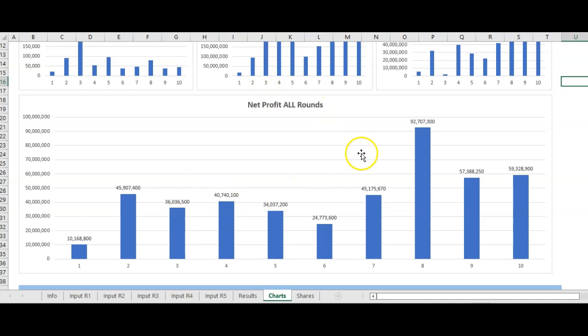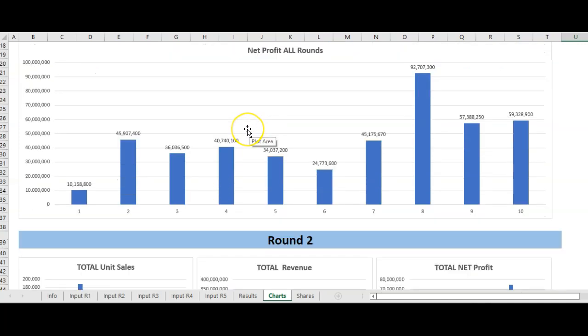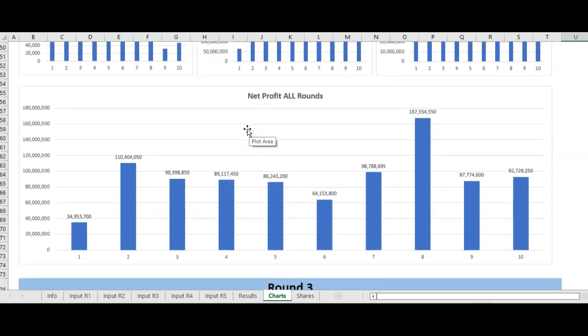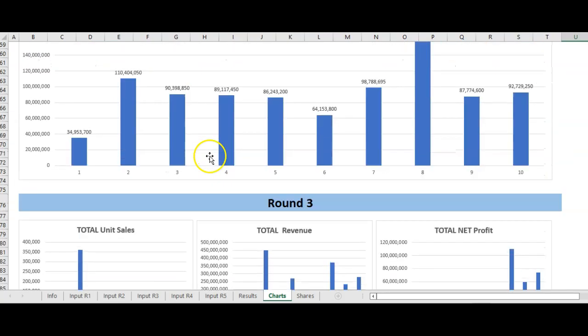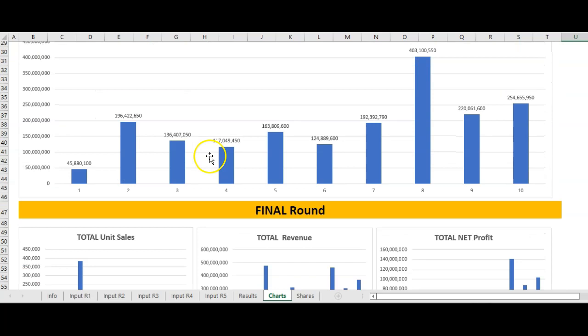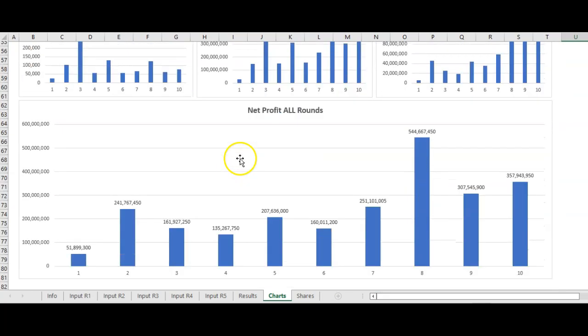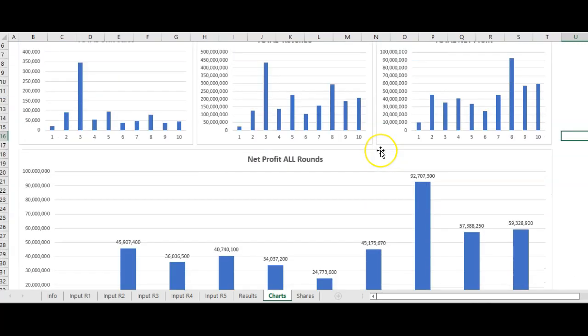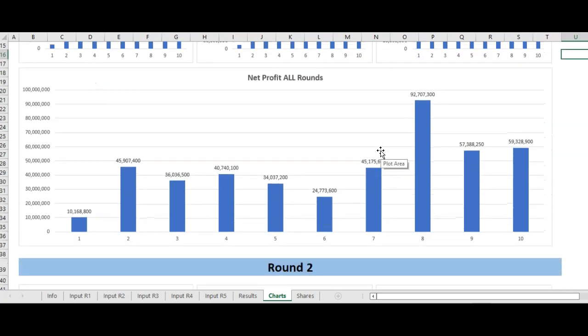And this is the key metric. This is how they're all travelling. I've just got some pretend data, and each round updates. So if I go all the way to the bottom, I've got the final round, and then we've got our final winner there by a long way. So that's probably at the end of each round, that's how you're performing.